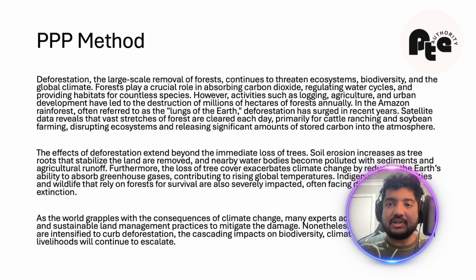I want you to take a minute and skim through the passage given on this page. Pause this video, skim through the passage, and then let's solve this together using the PPP method. Come back after a minute.